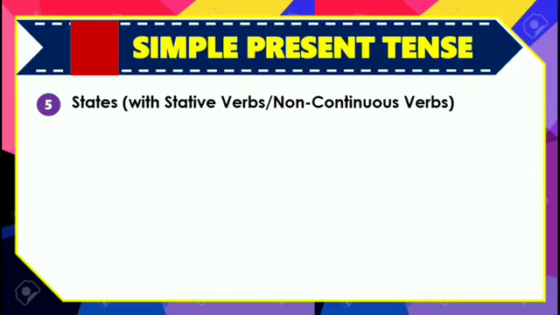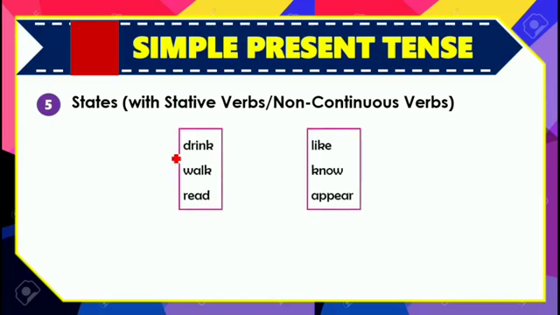Now let's take a look at this example. Here we have drink, walk, and read. They show activity. There is a physical action. So these verbs are action verbs. On the other hand, verbs like know, like, appear are not really action words.